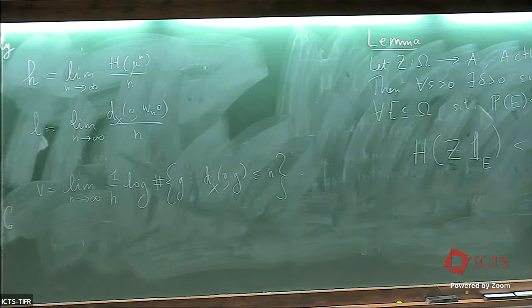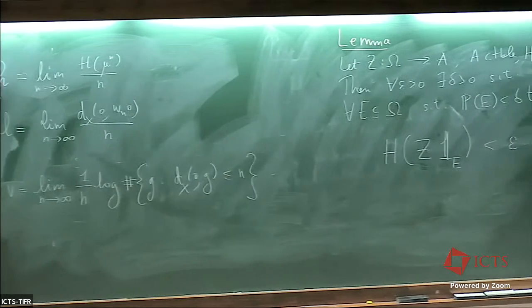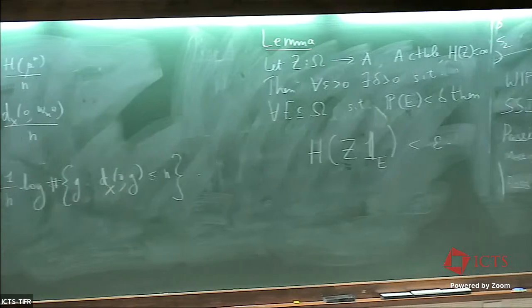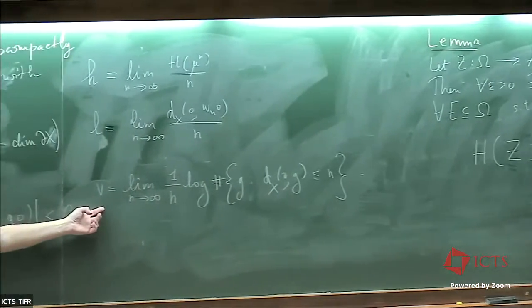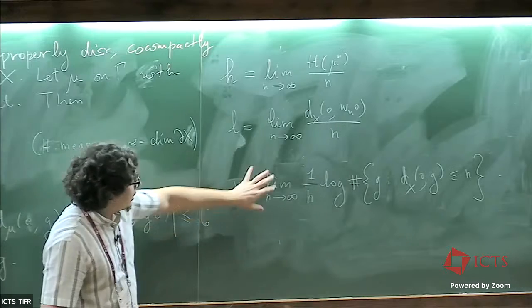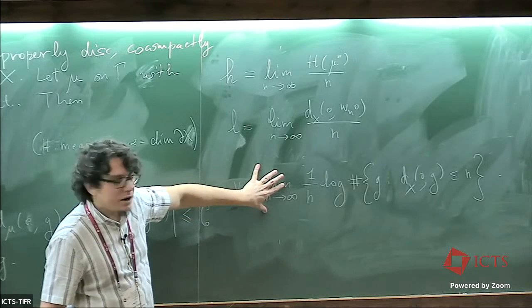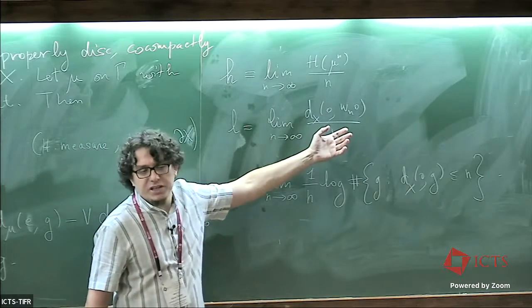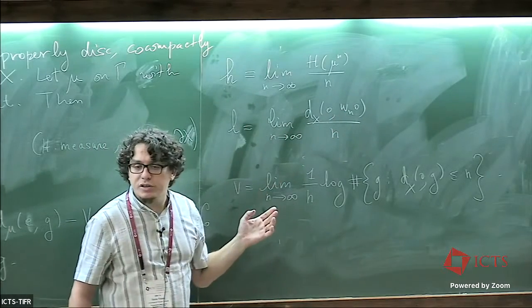So whenever you have a random walk, you can associate its entropy. This only depends on the group; there is no metric space here. You can also have, whenever you have a group action, a growth rate of the action, which again only depends on the geometry. And l sort of mixes the geometry and the probability, because it is just the speed of the random walk according to this metric.